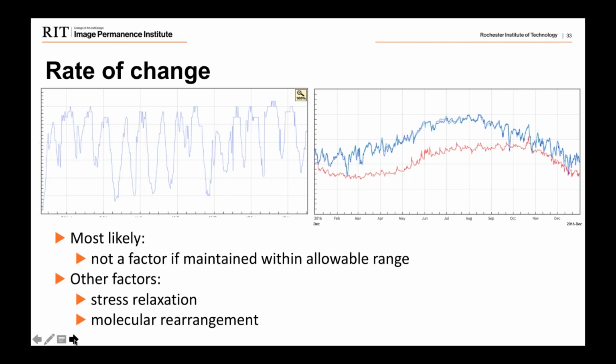But other studies have shown that by applying a slow change, you're allowing the object to change at a molecular level, and so that change is more likely to become permanent. So there are still some questions about the rate of change that we don't fully understand, but currently the best advice from all of the studies is that as long as we keep it within that allowable range, the rate should not matter.